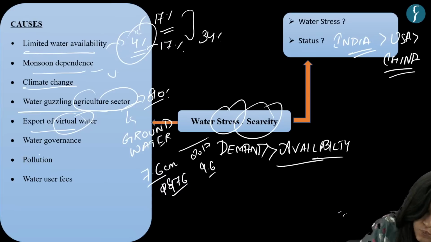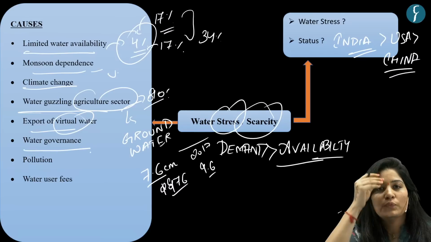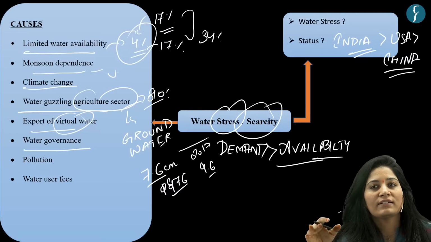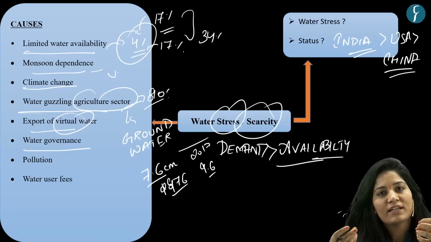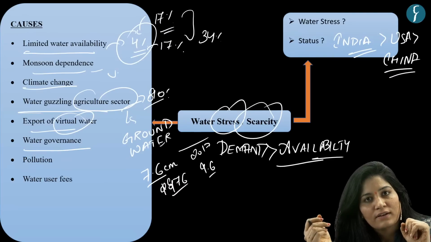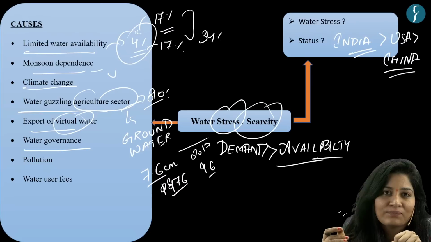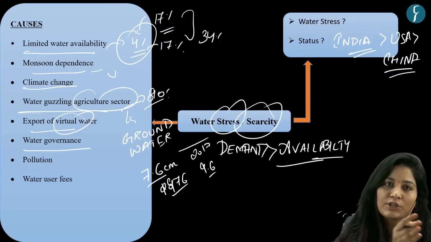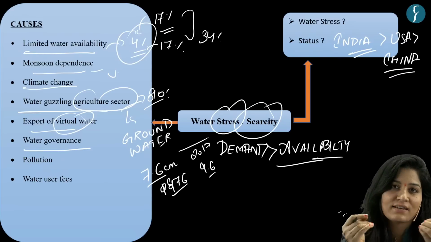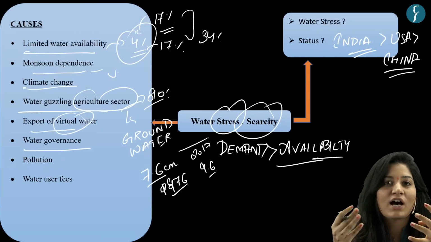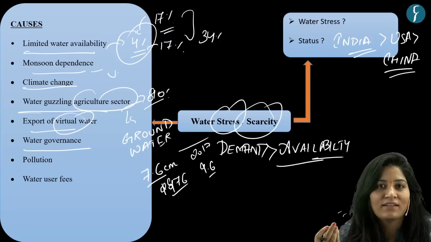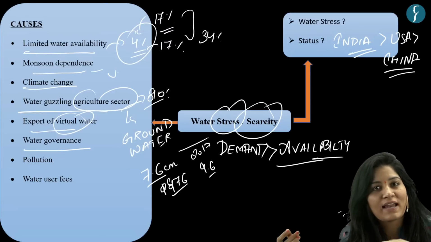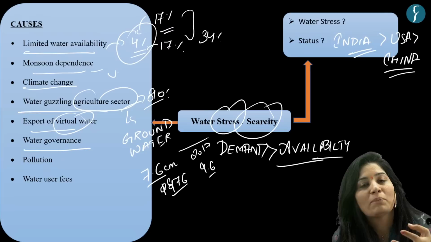The next is water governance. How is it an issue? Because you should know that water as a subject is under the state as entry 17, and inter-state water is under the union as entry 56. So how will there be a balance? Because of this lack of clarity, there is a lack of proper governance.